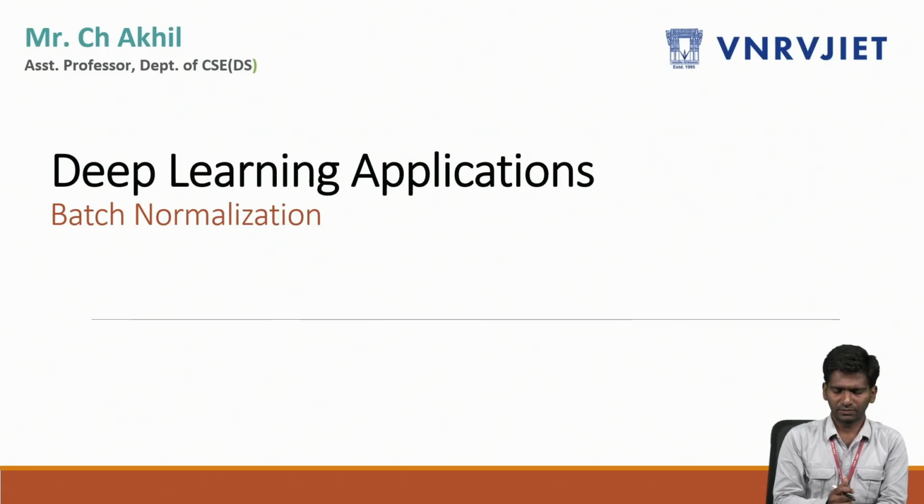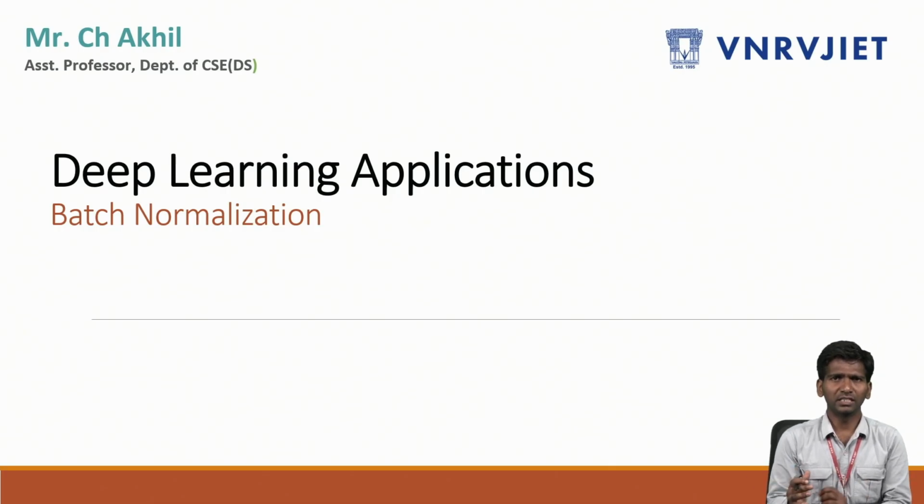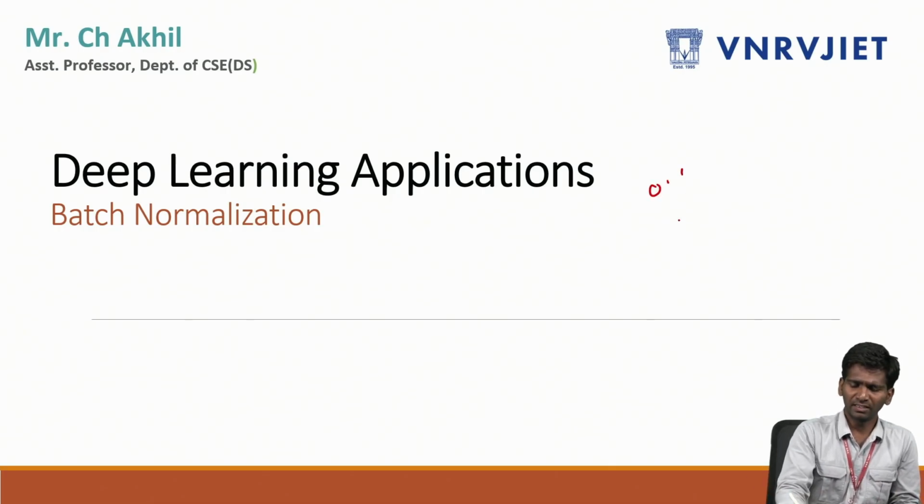Next we are going to see batch normalization. So what is batch normalization? The output values may vary: it may be 0, 0.1, 1.2, 1.5, 2.8, 10.6, 100.8.